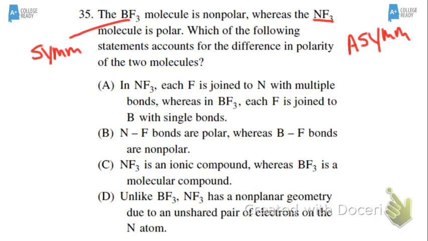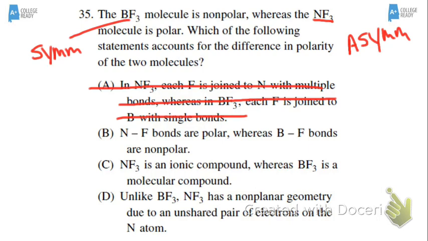Then we can look at which answer choices don't make sense. In NF3, each F is joined to the N with multiple bonds. We should know that that's not true, because nitrogen, although it can form double bonds, fluorine cannot. So we can eliminate letter A, based off of it talking about nitrogen forming double bonds.